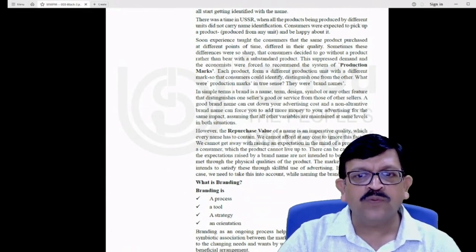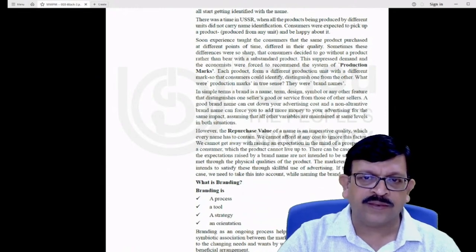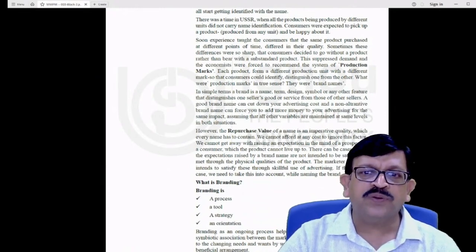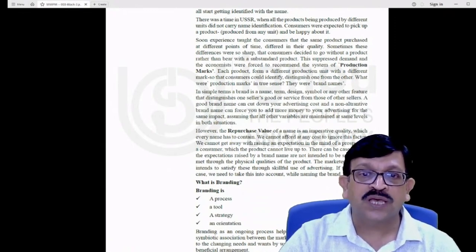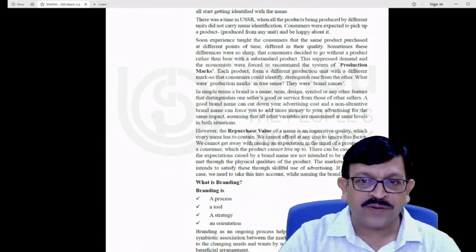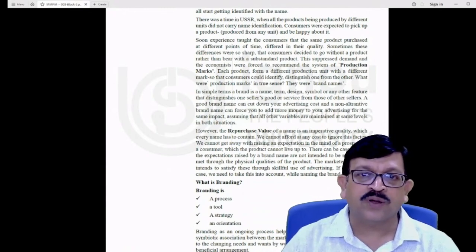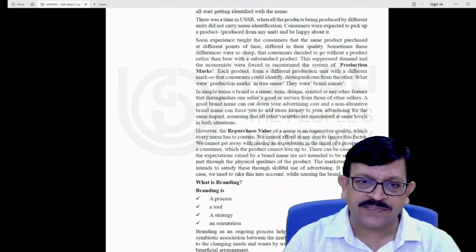But the simple concept that we talk about brand as a name, as a term or a symbol, has gone way past its importance today. Currently we look at branding as a process, and brands which contribute more towards the stakeholders' values, and we look into concepts like brand value, what is its significance in terms of contributing to the business objective as an asset.